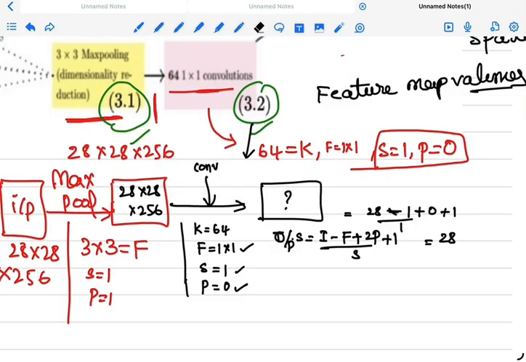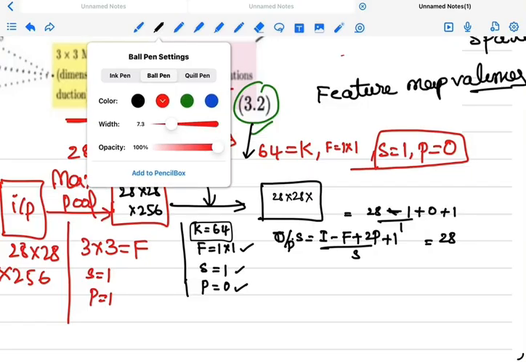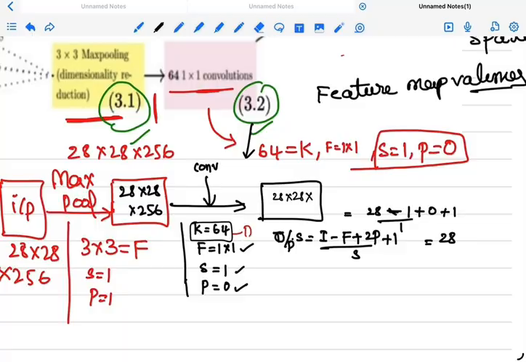So the spatial size is the same, 28 cross 28. Up to here the depth is the input depth, but here the number of filters is given. This is the depth D2 in the convolution layer, so depth D2 is 64.